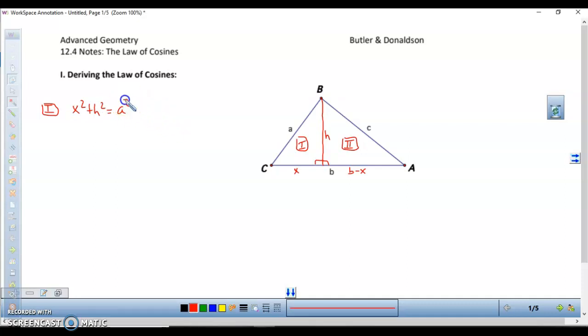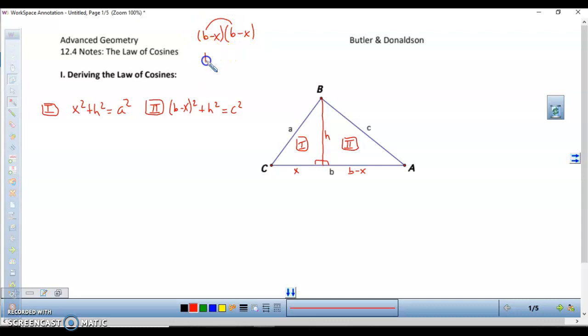All right, we can't go any further there, so we're going to stop. In triangle number 2 over here, the Pythagorean relationship that exists is that (b minus x) squared plus h squared is equal to c squared. Now this I'm going to simplify a little bit more. Remember, when you square a binomial, it's the same thing as multiplying it by itself. So I'll show my work up here.